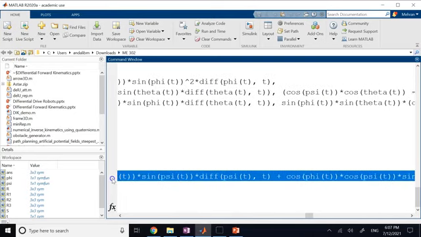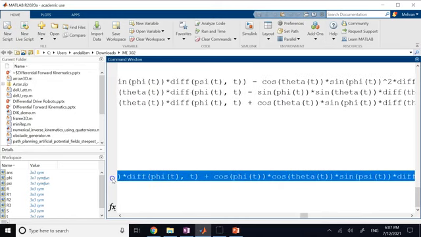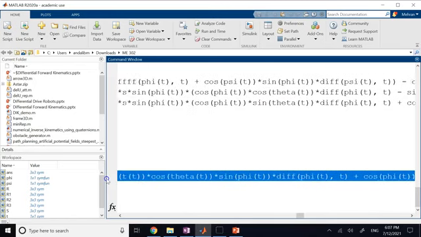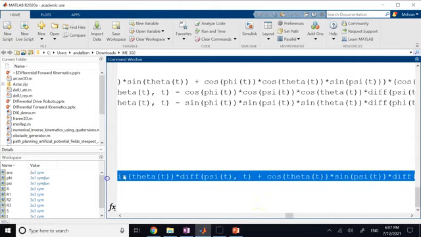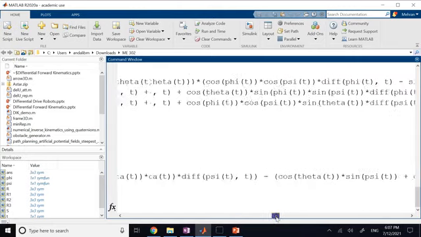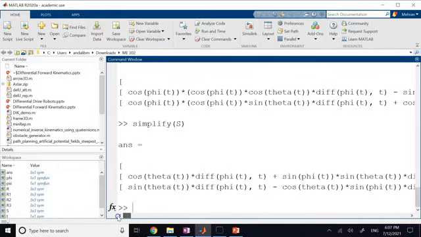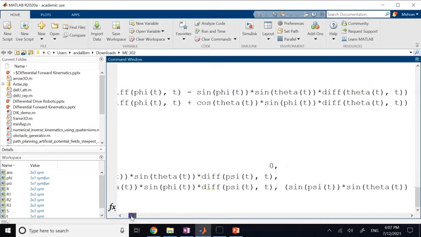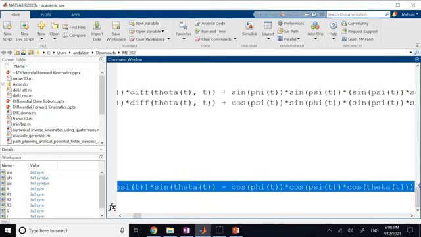For some reason it could not calculate this and show what it is. Yeah, it is a little bit, I guess. It's interesting. Because that's also the same as this element here. For some reason it could not simplify it.